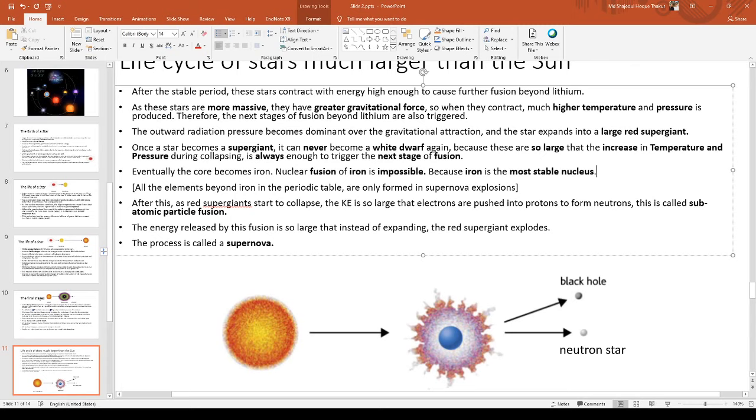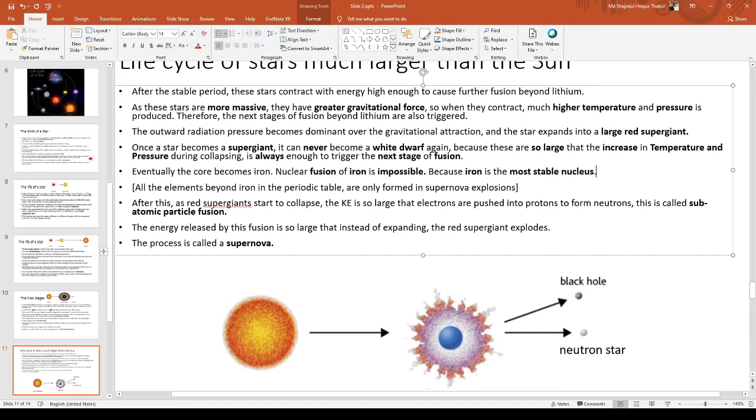Alright. So now the question comes, okay, up to iron everything is formed, but we see these other weird guys, uranium, gold, silver, copper, whatnot, right? Where did they come from? That's one question. And part 2 of the question, wait. Iron fusion cannot occur.